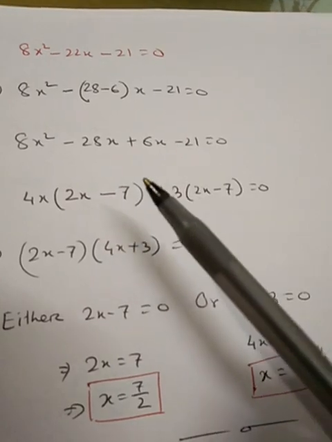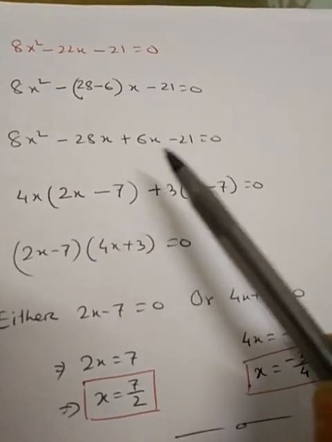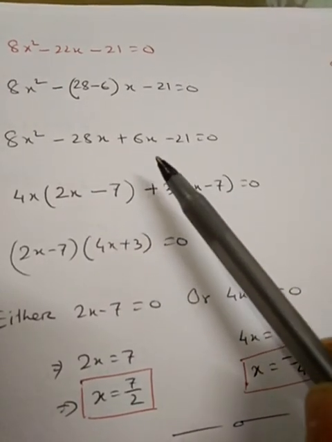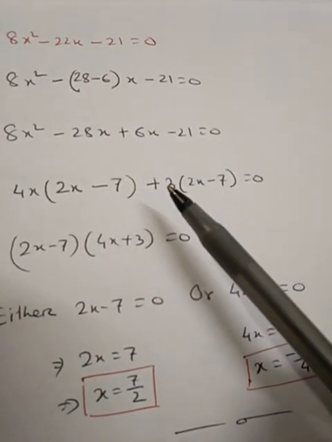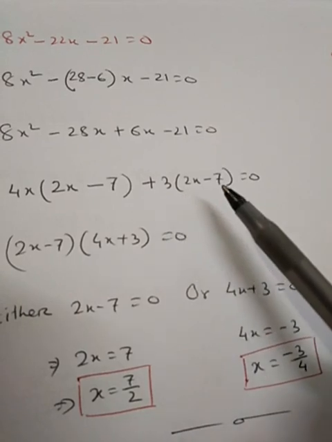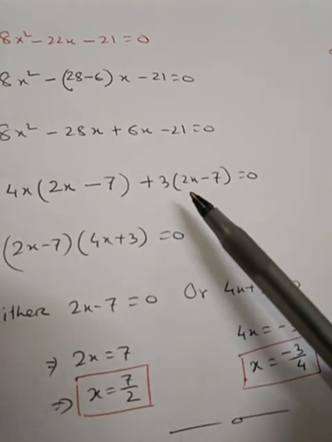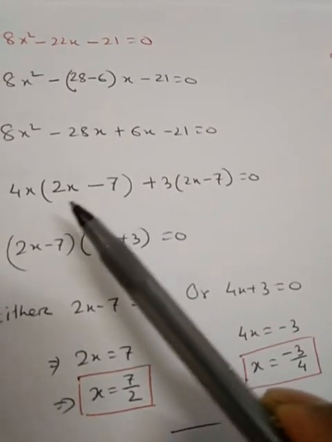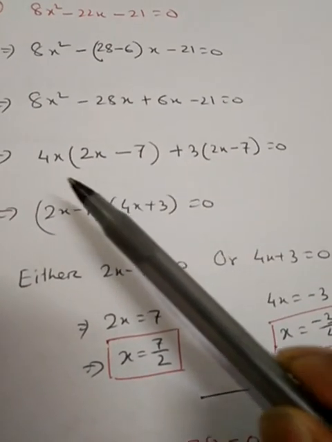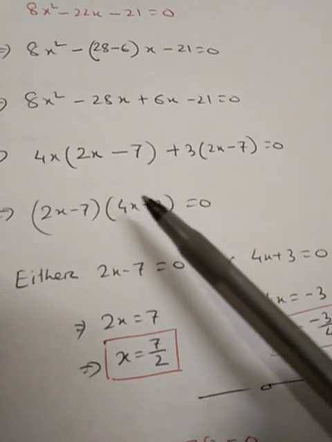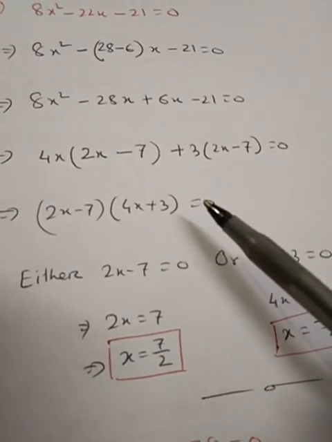Then here from these two terms we can take only 3 common, and this sign is plus, so we must write plus here. So taking 3 common, this will be 2x minus 7, which is equal to the previous part. Now this 2x minus 7 we have taken outside, here 4x plus 3 is left and equals 0.